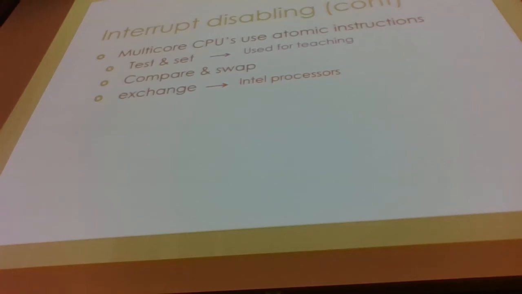So this exchange is a practical implementation of the test and set that we are going to use. I won't discuss compare and swap, it's kind of similar, but I will discuss test and set, and I will show you the inner operation of exchange. But you don't need to understand exchange, because it's like an industry standard atomic instruction code. We will talk about test and set. We will use test and set extensively in homeworks or in tests.